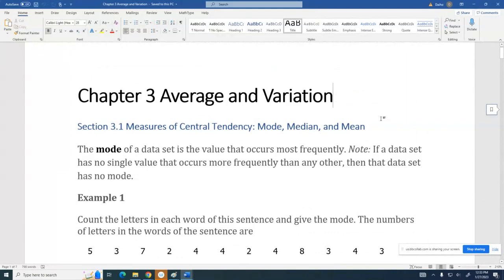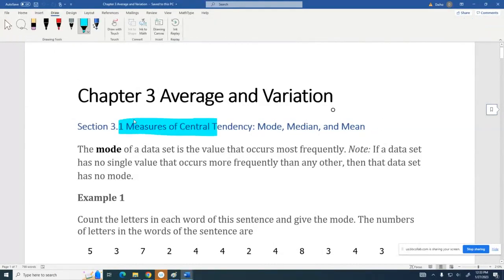No more picturing. We are going to describe the distribution numerically by statistics. First of all, we are going to measure the center. At least we have to know where the distribution is, the location. So we are going to use 3 statistics: mode, median, and the mean.